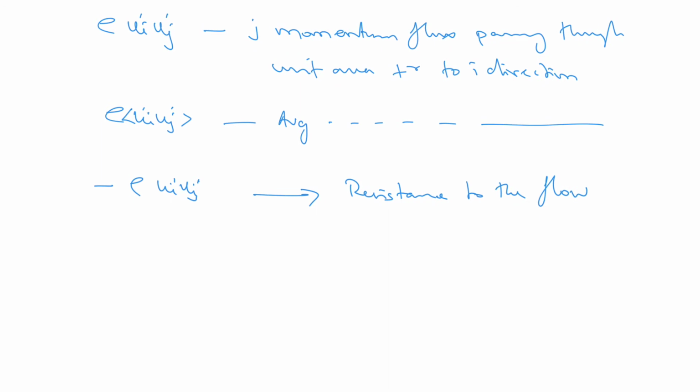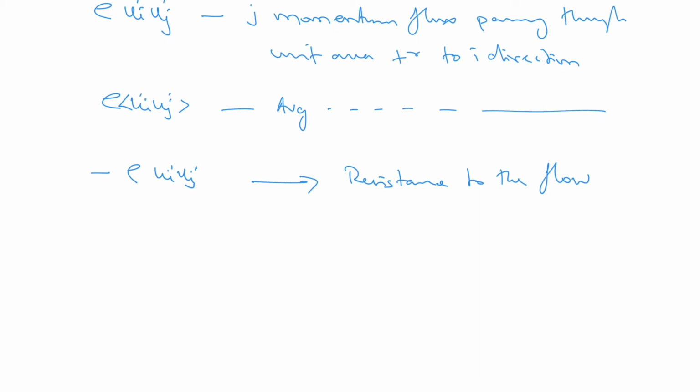Now these Reynolds stresses arise due to turbulence, and this resistance to the flow is because of the fluctuating velocity components. So the key difference is, in molecular viscosity, the resistance is caused by the property of the fluid when it is flowing. Here, these Reynolds stresses are offering resistance to the flow because of the fluctuating velocity components.